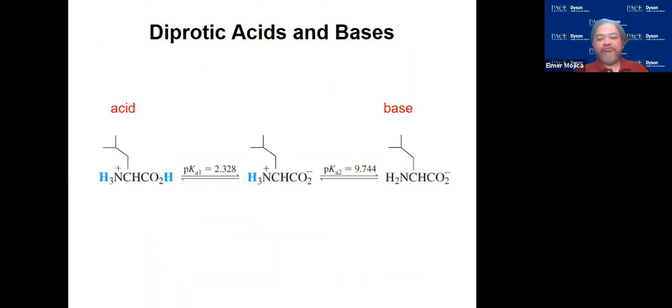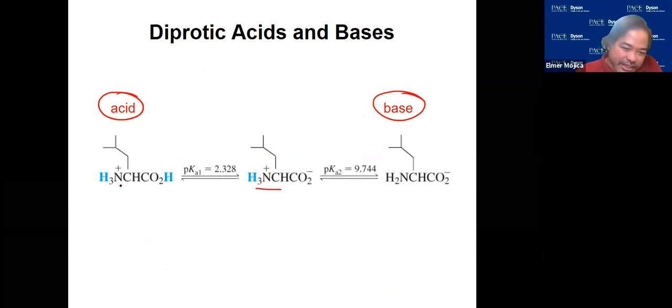Having known this, if we're going to look at the amino acids, this is how their forms look like. This is the acidic amino acid, and this is the basic amino acid form. But in the neutral form, this is what they have.